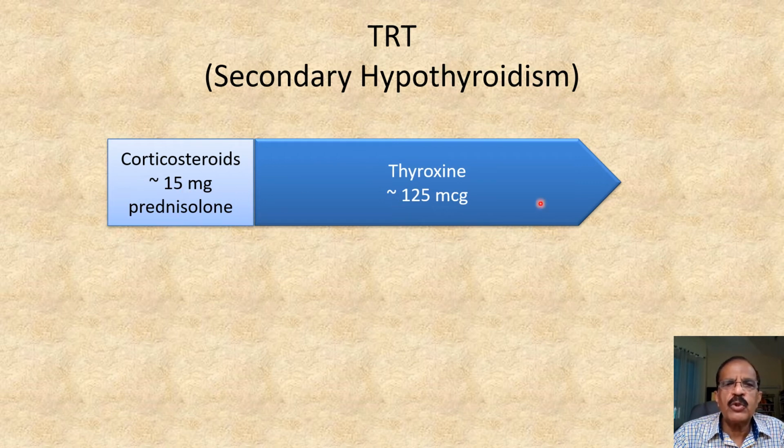And you can start the thyroxine 2 weeks after starting corticosteroid, approximately 100 to 125 mcg. That is the dose. Then you make final adjustments with T4 and TSH and other tests. So these are the starting doses, and then you can make final adjustments.